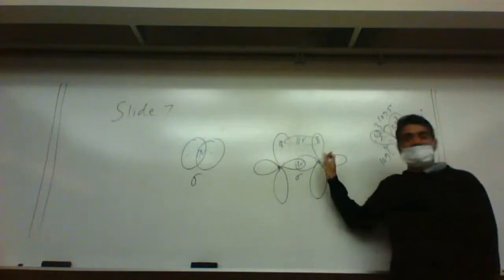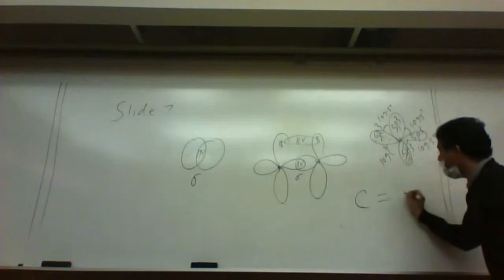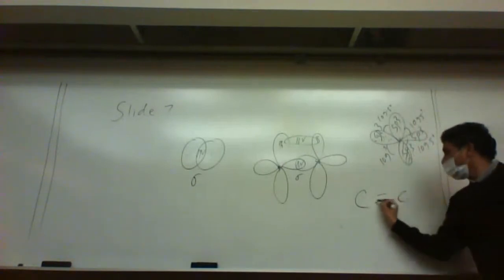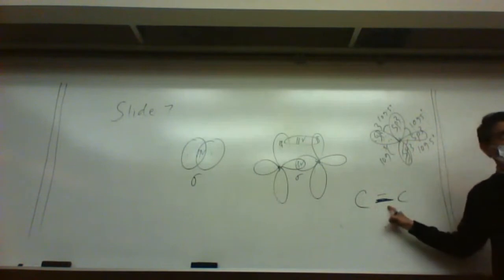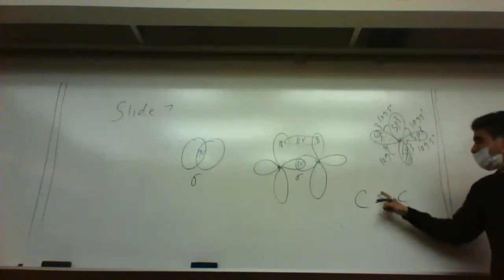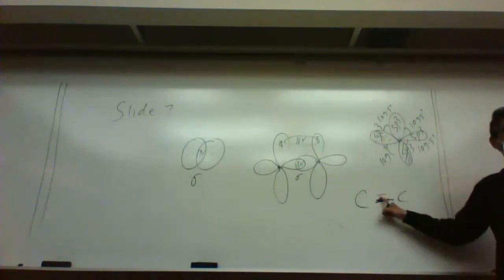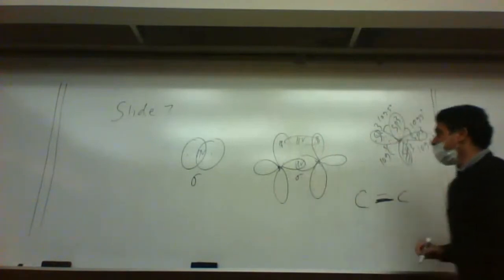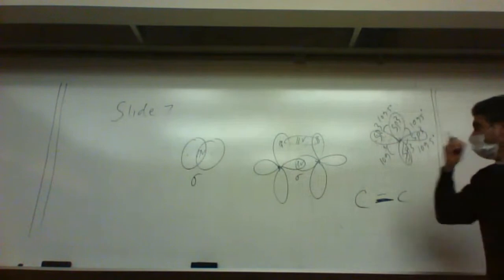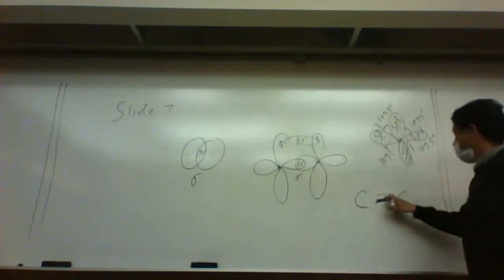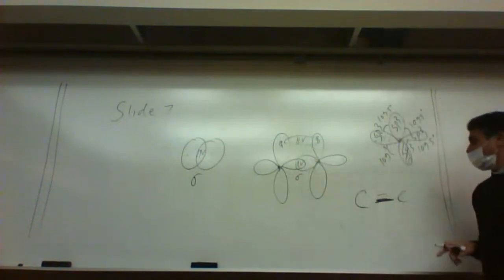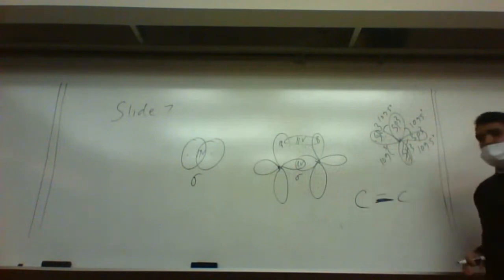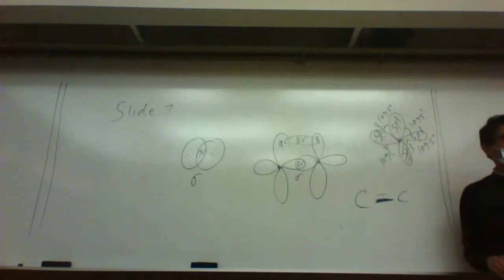Make sense? If you look at carbon, it looks like this. These two electrons, this bond is a sigma bond. It forms from the head-to-head overlap. But this other bond is from one p and another p orbital overlapping here, giving this bond. This is above the plane of the internuclear axis.